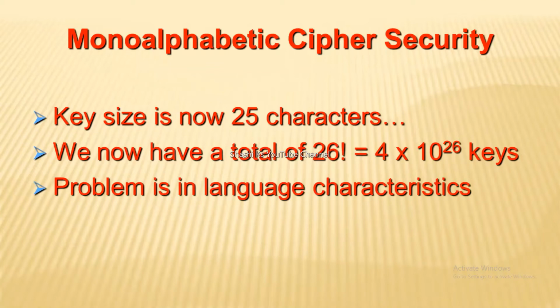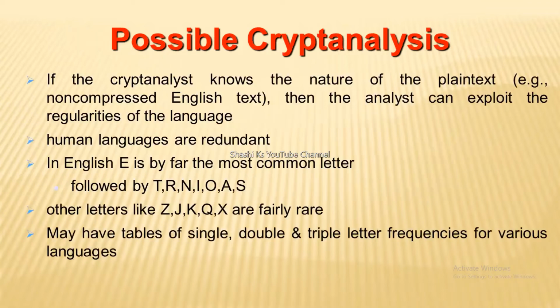But monoalphabetic ciphers are not highly secure, because an attacker may exploit the characteristics of the language. For example, if our plain text is in non-compressed English text format, and the cryptanalyst knows the nature of the plain text, then he can easily exploit the regularities of the language.